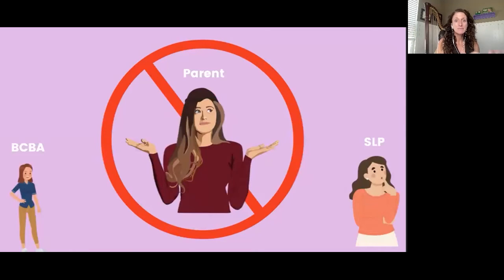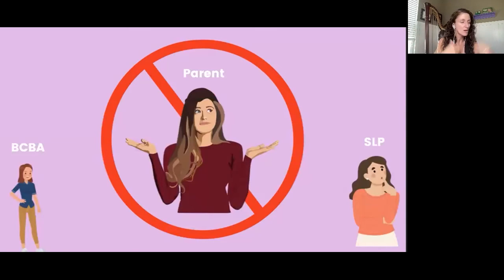We have to come to some type of collaborative discussion about what we're going to work on and what we're going to introduce to our student for communication. We never want to put a parent in the middle of a situation where they're having to side with the BCBA or the SLP.